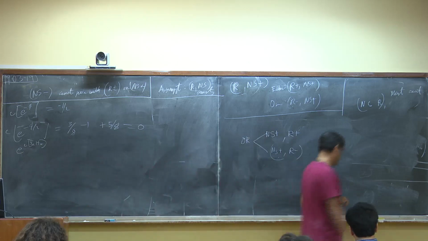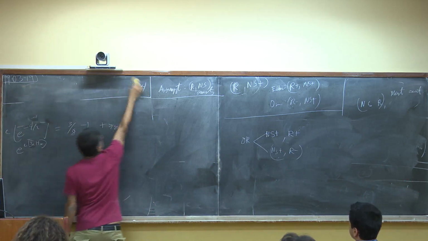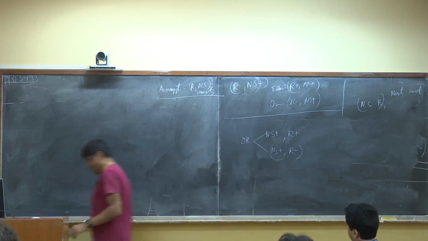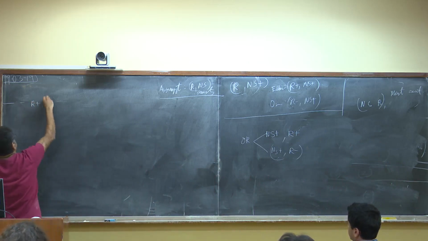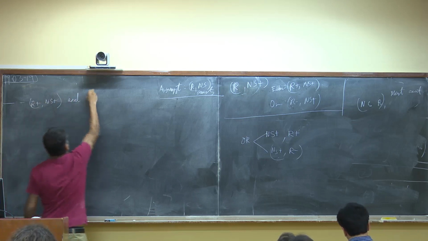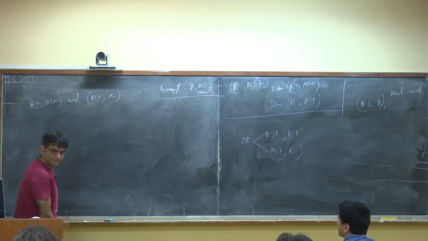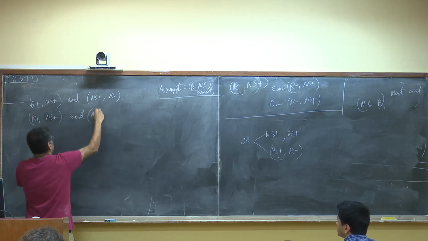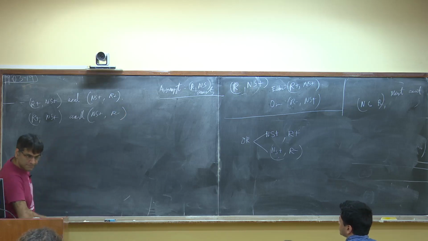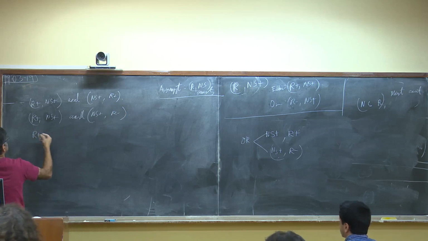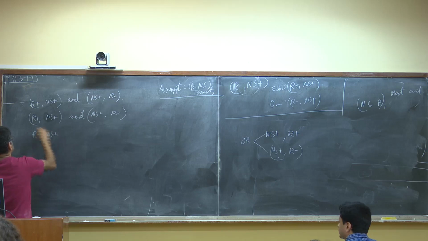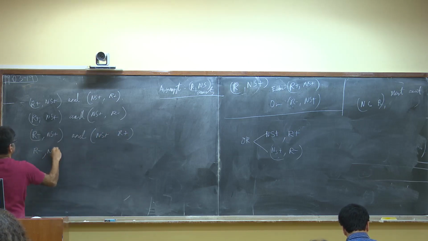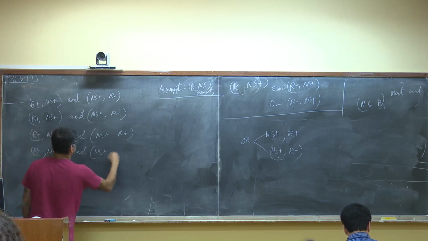Fine. So let's summarize what we have. We've found that there are 4 possibilities at the moment: R plus NS plus and NS plus R plus; R plus NS minus NS plus and NS plus R minus; R plus R minus NS plus and NS plus R plus; R minus NS plus and NS plus R minus.